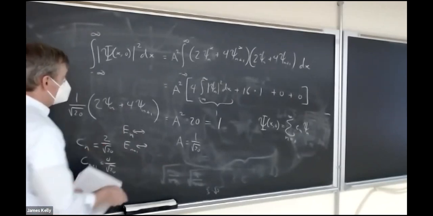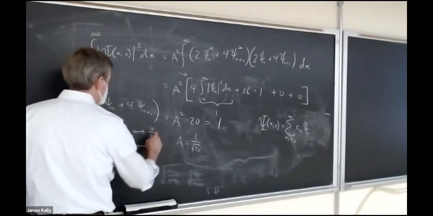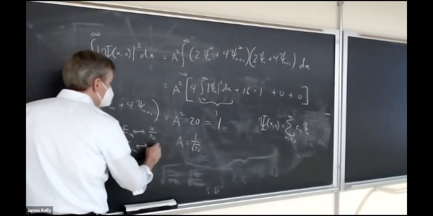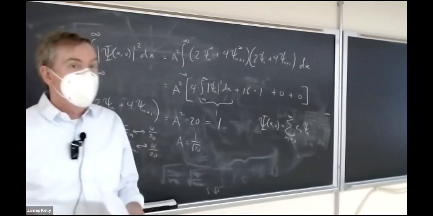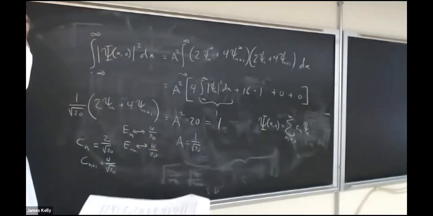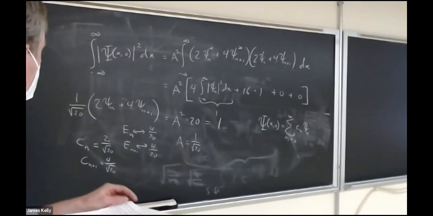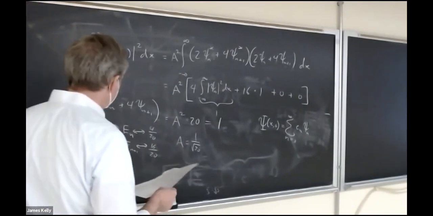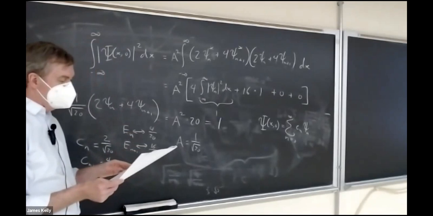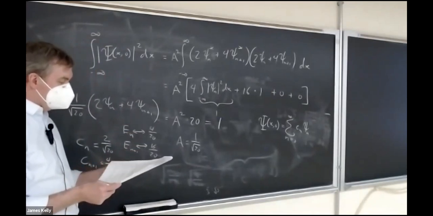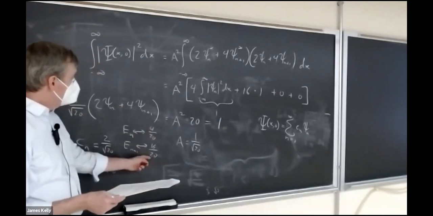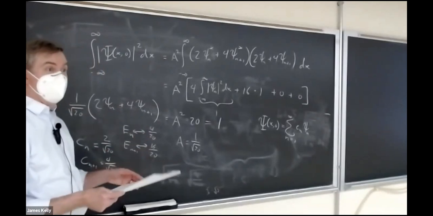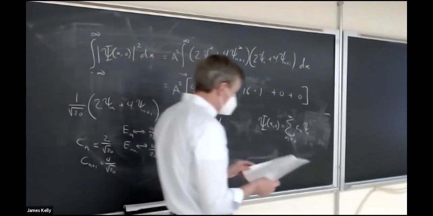So this would be 4/20ths, and this one would be 16/20ths. And notice they add up to 1. That makes me feel good, like I didn't make a mistake there. So only 2 allowed energies: if you measure the energy of this state, you'll only get one of 2 values, and you're much more likely to get the higher energy value than the lower energy value.